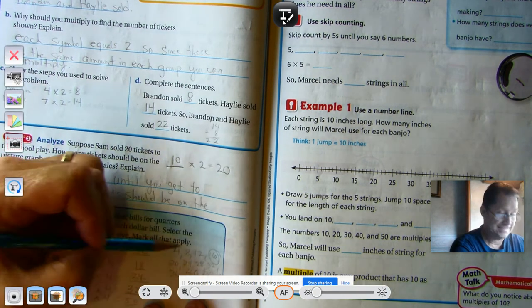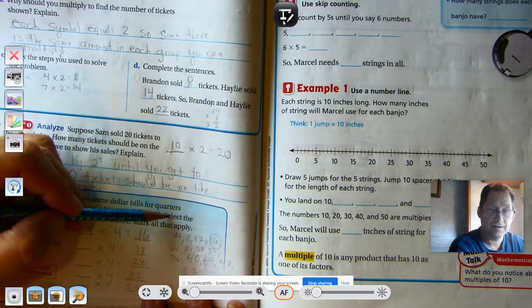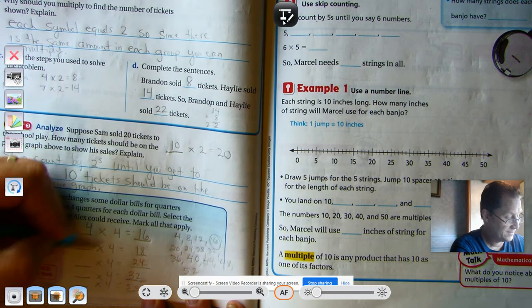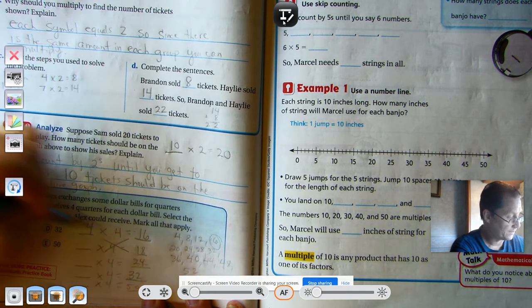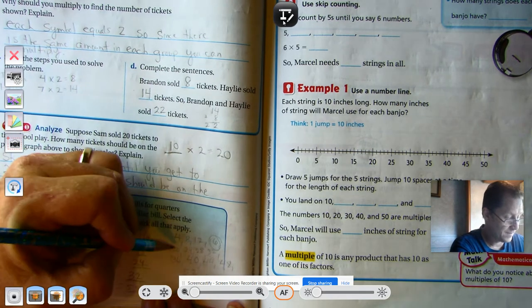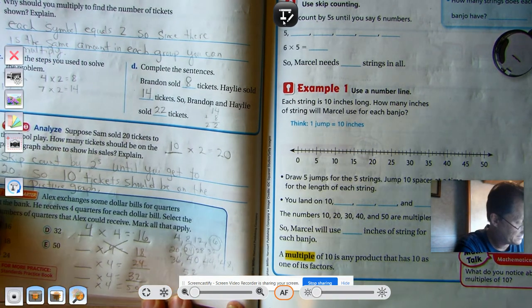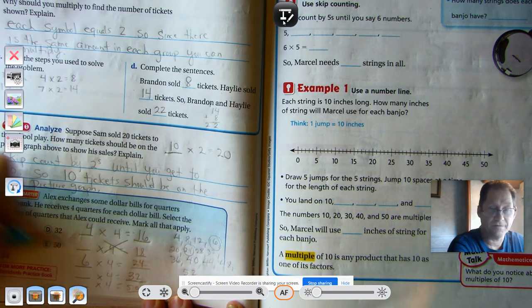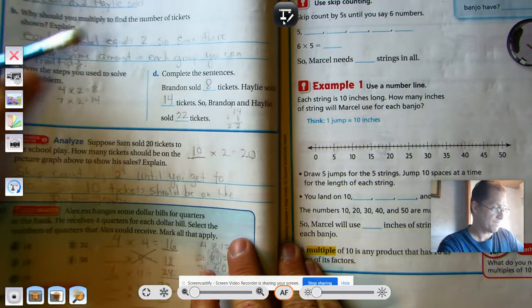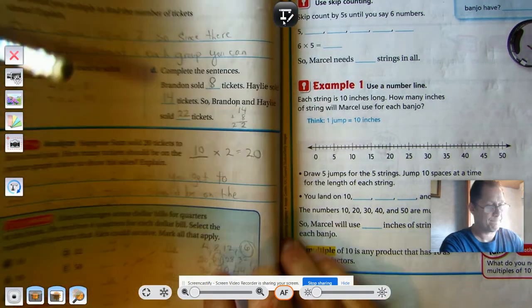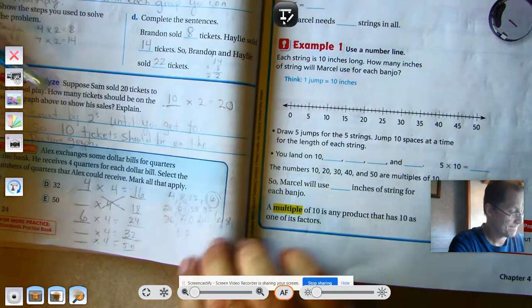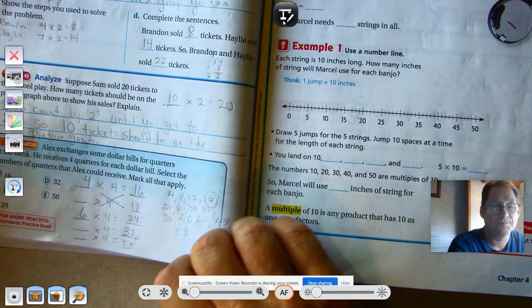Can I get 18? I did not count 18, so this one just won't work. 24, I do see 24. 1, 2, 3, 4, 5. That would be 6 4s to get 24. Can we get 32?